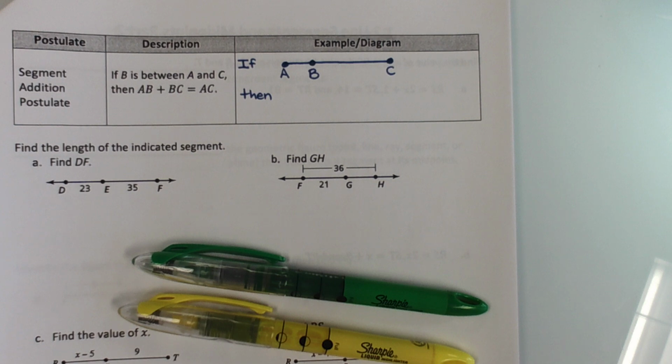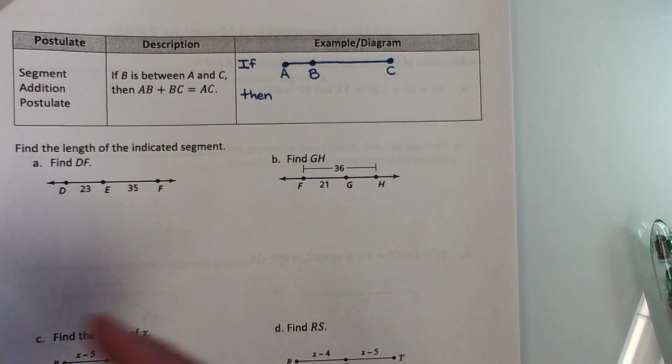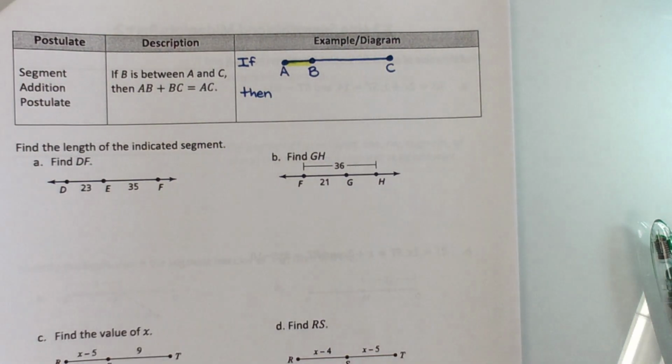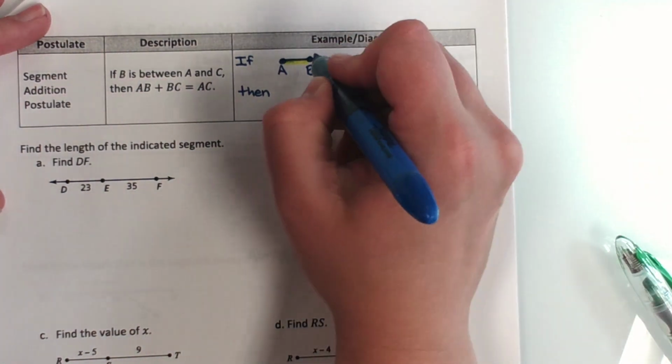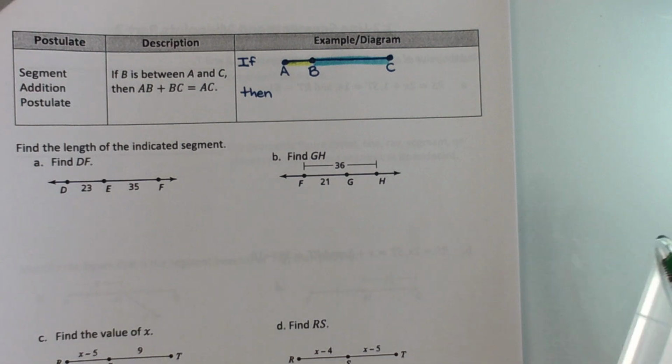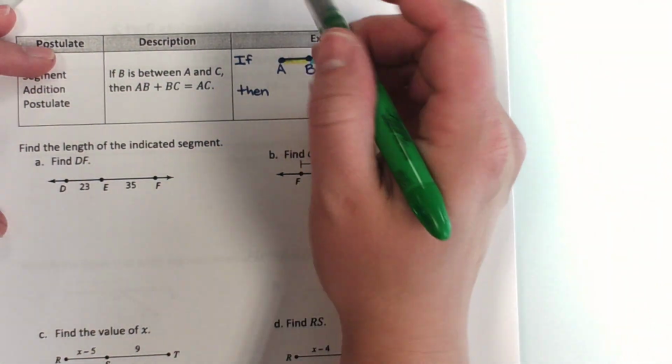If I have that situation where I have a segment that's got 3 points on it, one of them being between, then this equation that it has here is true. AB, that's the length from here to here, plus BC, that's the length from here to here, is equal to the length of AC.